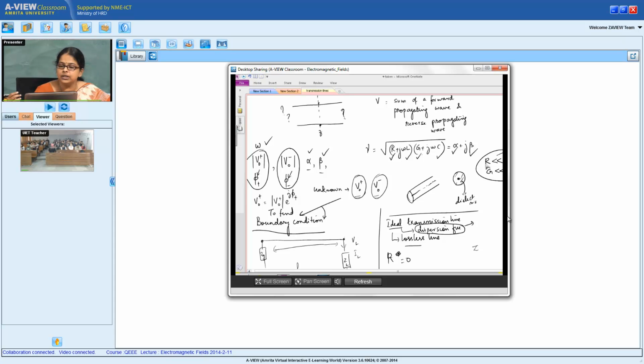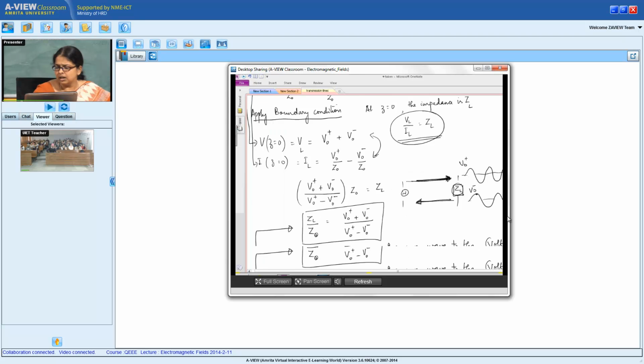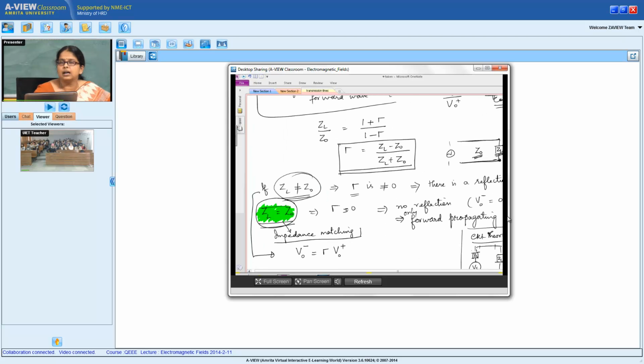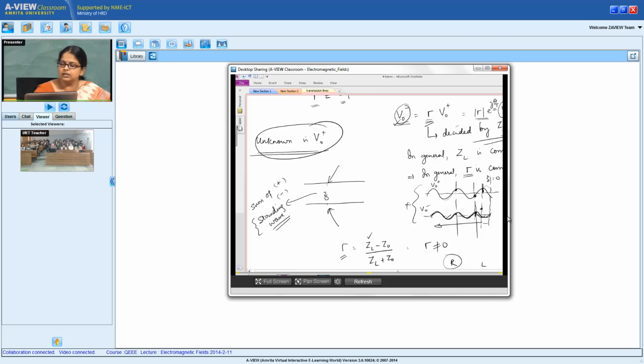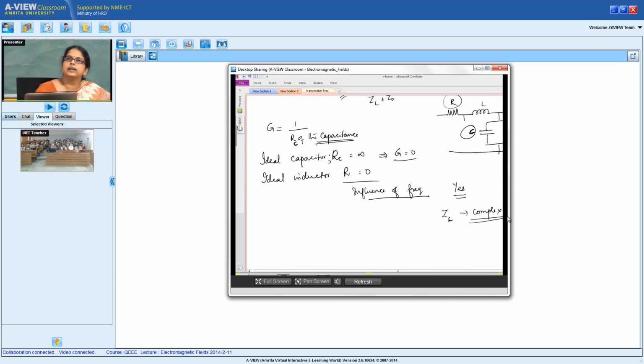Now if your question is what would happen if I use a very bad line, with very large resistance and very large conductance, then of course you will have to do this analysis with R and G, and the result is no different. You would still get a similar reflection coefficient, but your Z naught would have R and G in it.